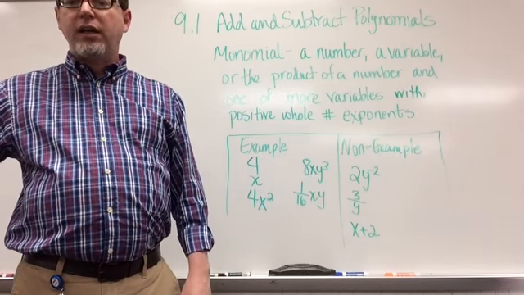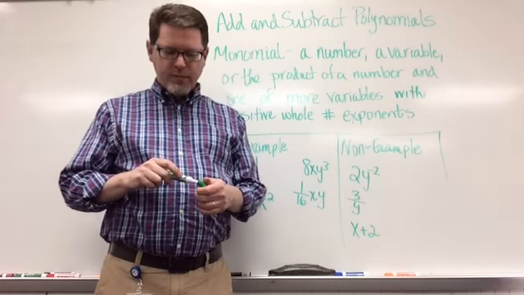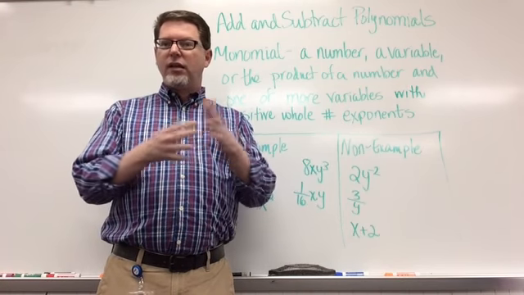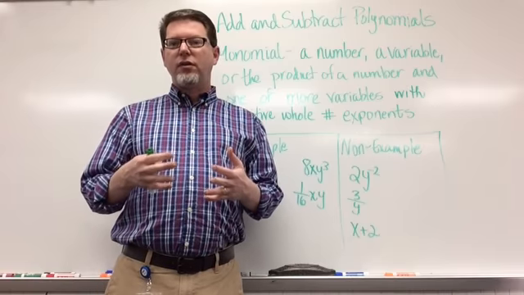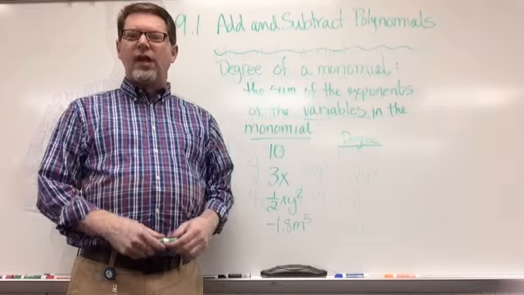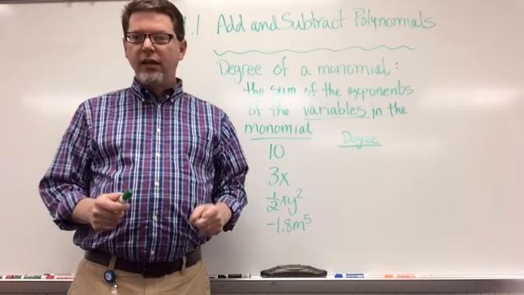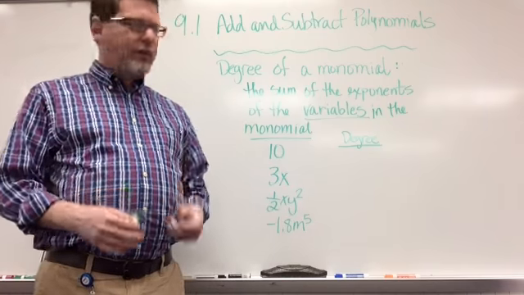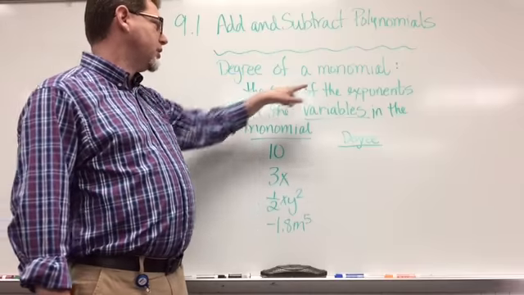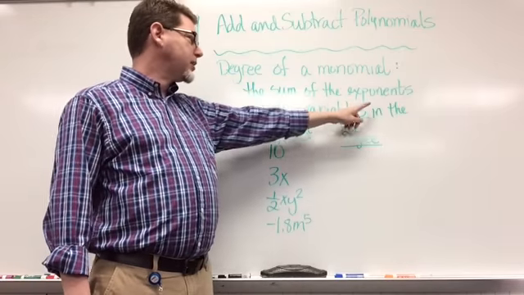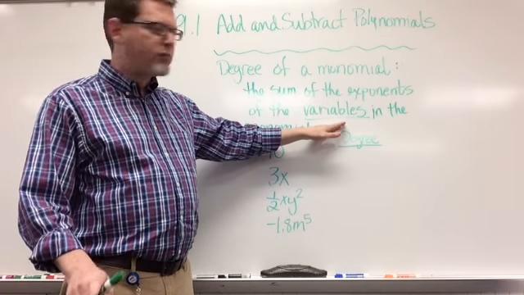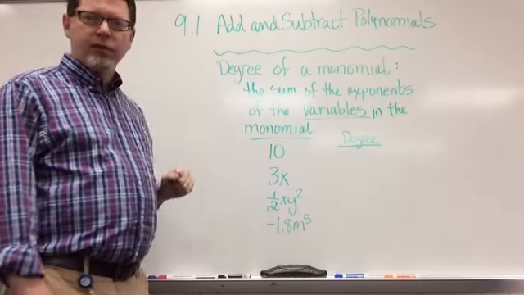So just remember, it can be a number, a variable, or the product of numbers and variables in any order with positive whole number exponents. Now that you learned what a monomial is, we also need to know that every monomial has a degree. And the degree of a monomial is the sum of the exponents of the variables, not the digits or the numbers, just the variables in the monomial.